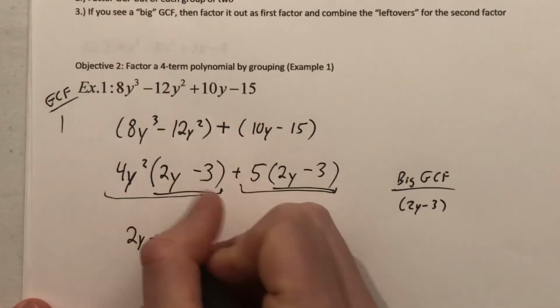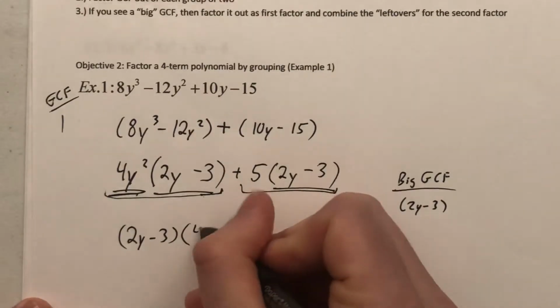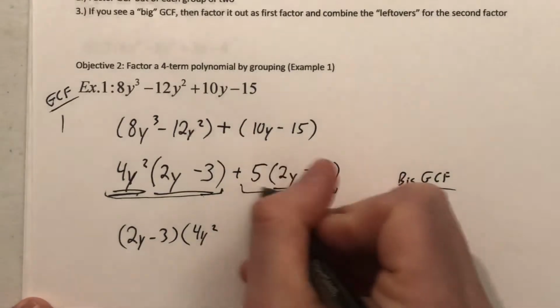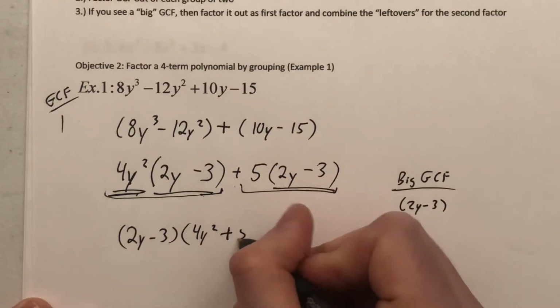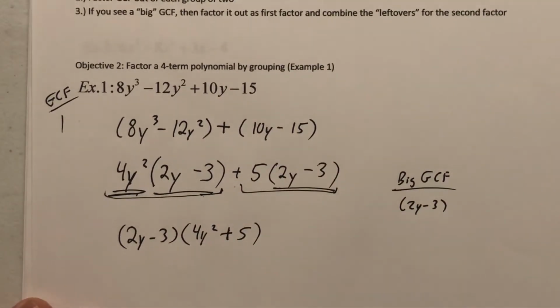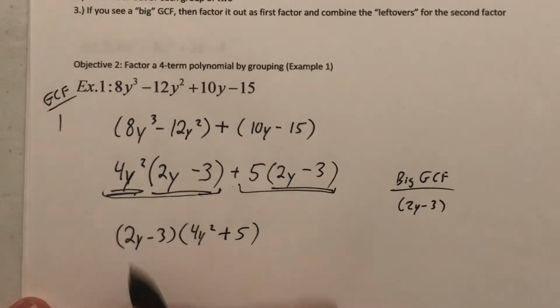And if we factor that out, and we ask the question what's left, it's the 4y squared sitting out front of that one, and the plus 5 sitting out front of that one. And in doing that, basically a third GCF, we now have a factored form. It is something times something, and that's our goal.